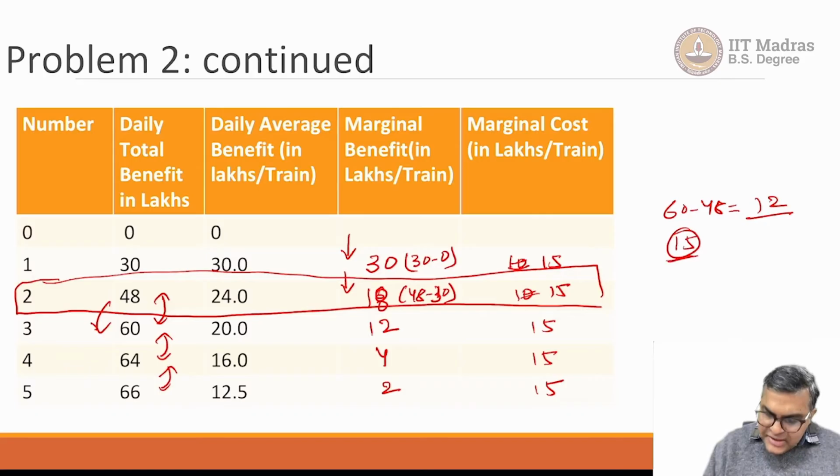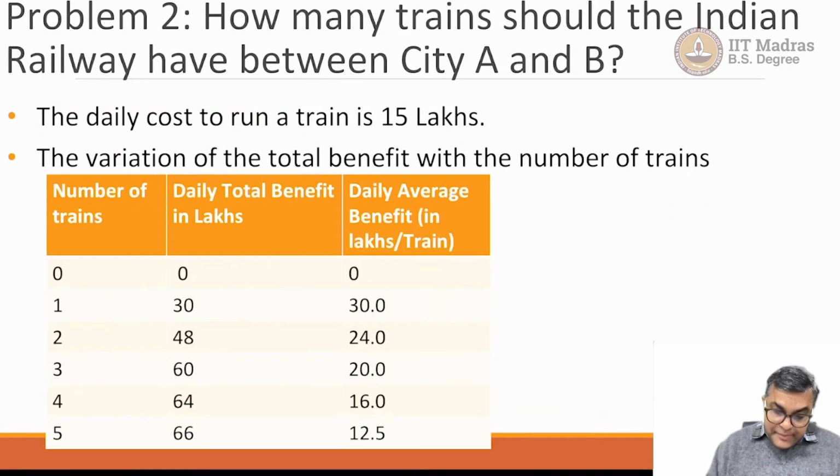So your loss is more than the gain, and therefore you should not move from the second train to the third train, and you should run only 2 trains. You could have done it using brute force also, but that takes longer.